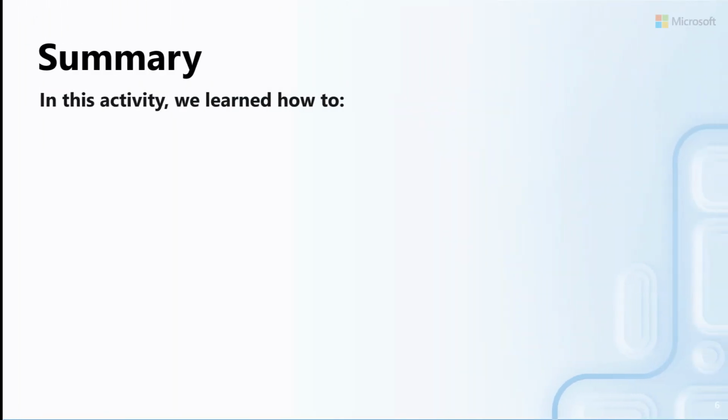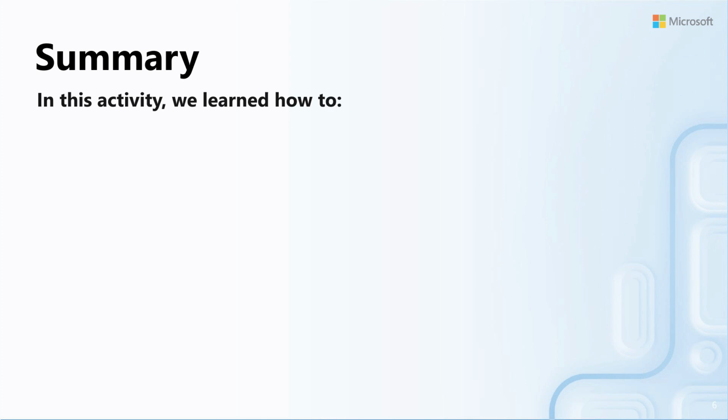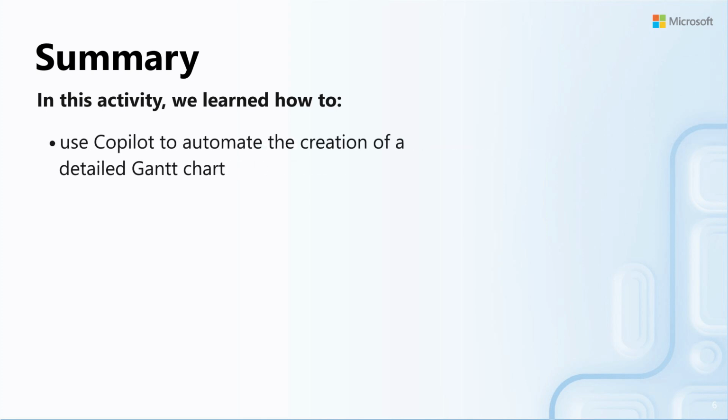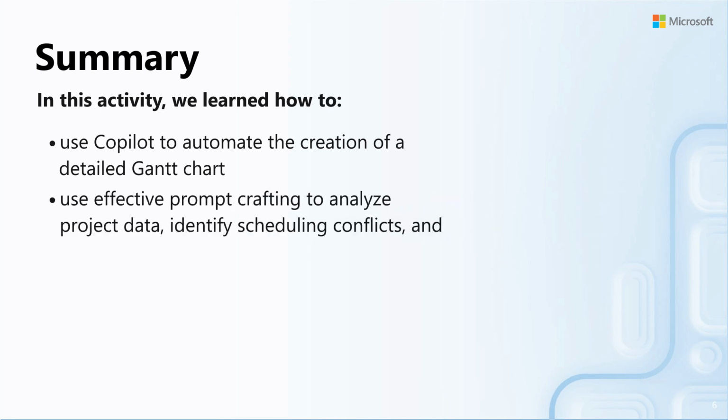Great! Let's recap what we've done. In this activity, we addressed scheduling conflicts and delays in a construction project by utilizing Excel Copilot to automate the generation of a detailed Gantt chart. As the project lead, your primary task was to craft effective prompts that analyze project data, generate the Gantt chart, identify scheduling conflicts, and suggest optimizations.